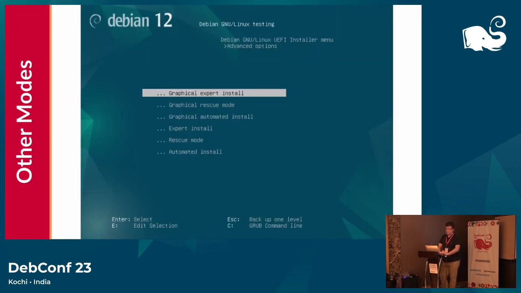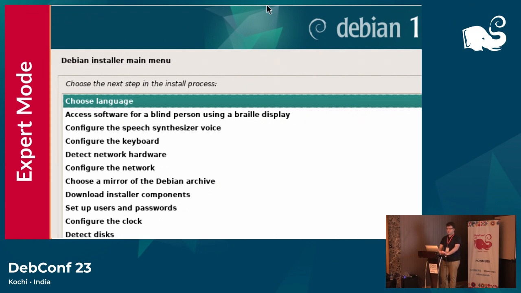When you boot the Debian installer, there are more advanced options, and from those you can see a selection of other modes like expert install, rescue mode, and automated install. If you choose the expert install, you get a main menu like this, which lists the things in sequence that Debian installer will do.